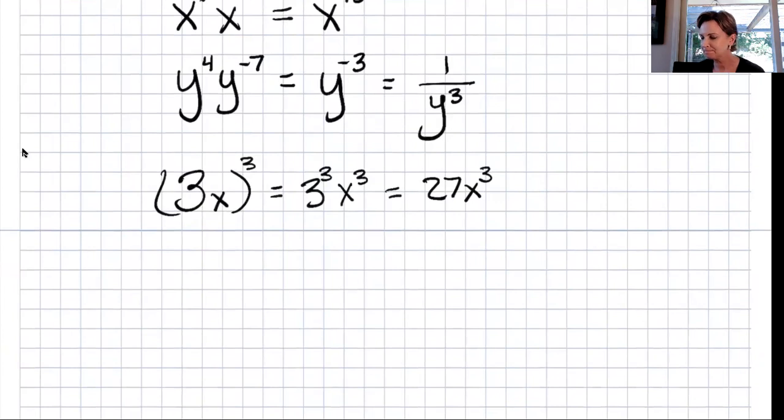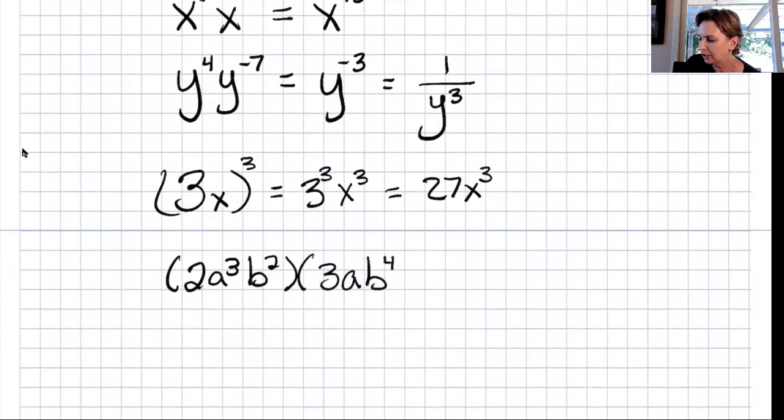Let's do 2a cubed b squared times (3a b to the 4th) cubed. We'll do this one together, and then I'm going to give you another one and have you pause the video and do it.